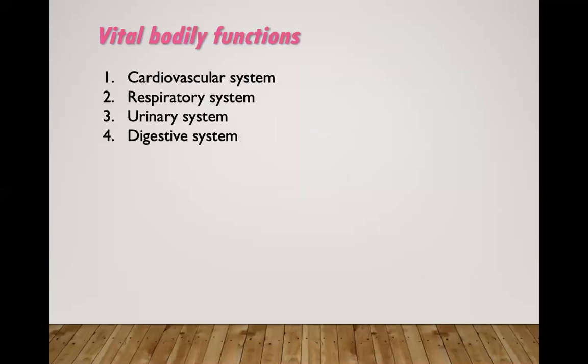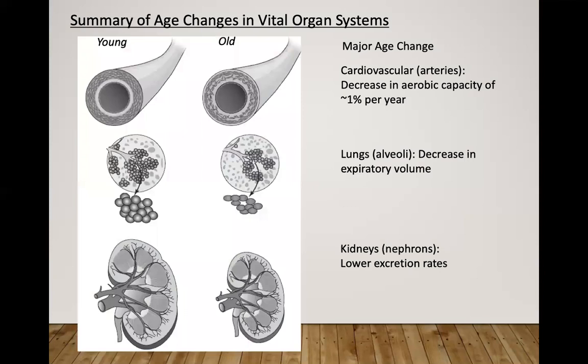I'm not going to go too in depth with the vital bodily functions because I feel like those of you who are in A&P will get much better information as far as how these systems work, but this is just in the context of what happens in the aging process with these systems.